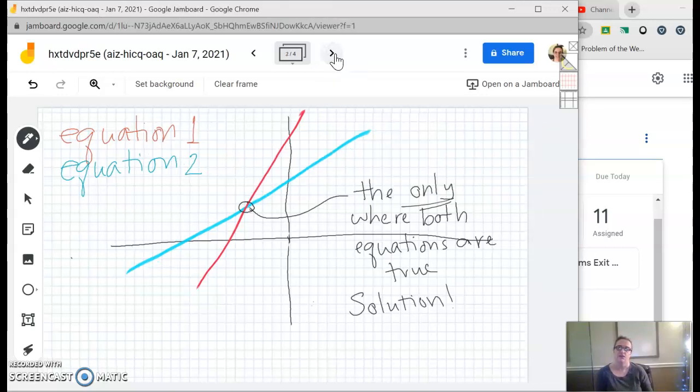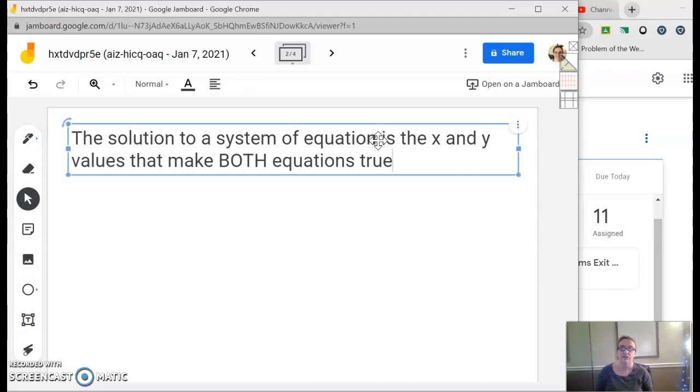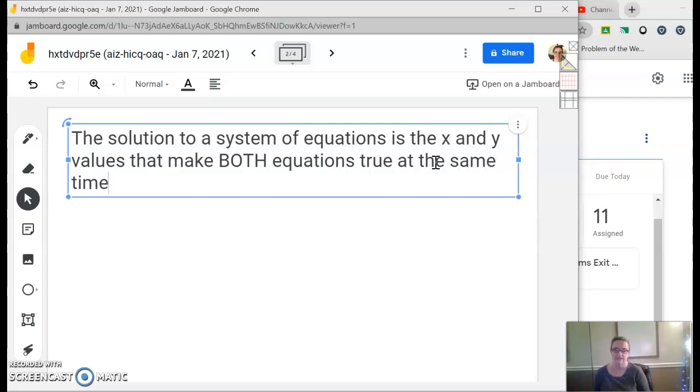If we want to put that in words, the solution to a system of equations, should be equations plural, I don't know if I can change it. The solution to a system of equations is the x and y values that make both equations true, and I'm going to add here, at the same time.